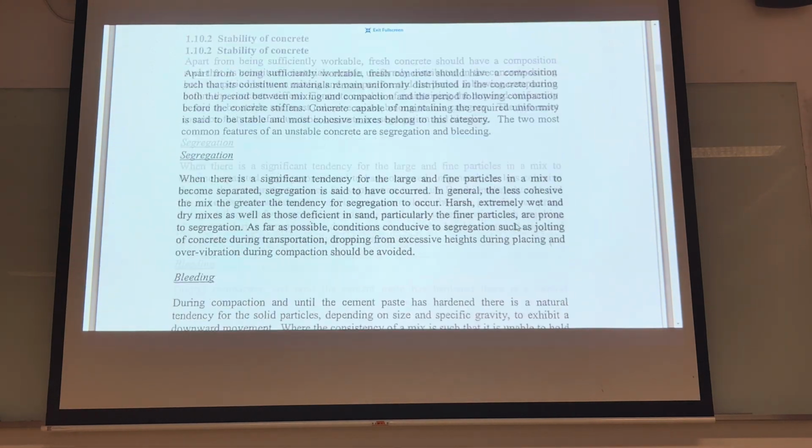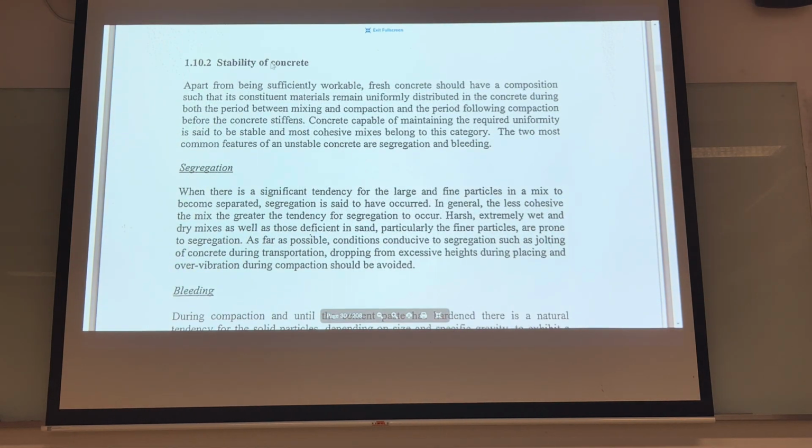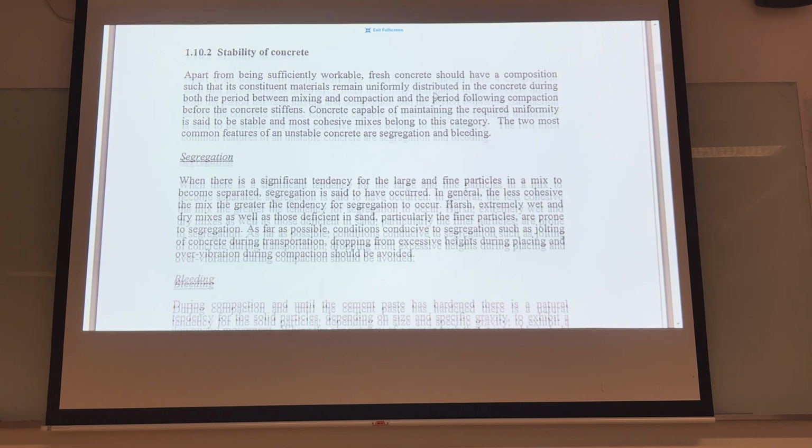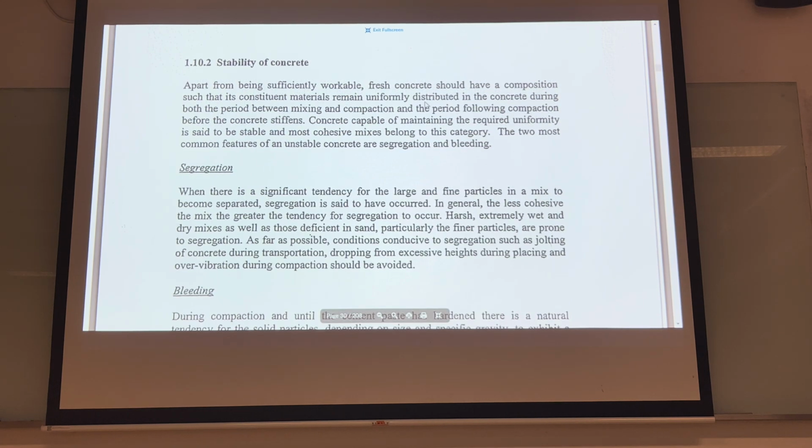What is segregation? Okay, fresh concrete, stability of the concrete, right? What do you mean by stability of the concrete? Stability of concrete is talking about whether the concrete is stable or not stable, in the sense that it's subdivided into two, right? Segregation and bleeding.